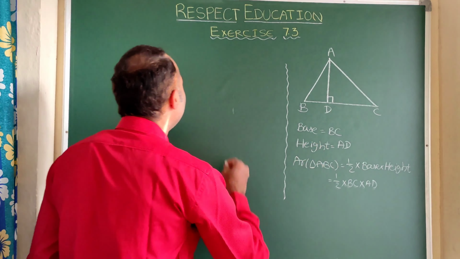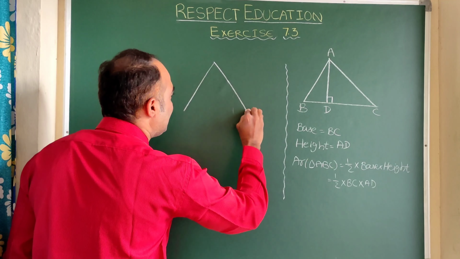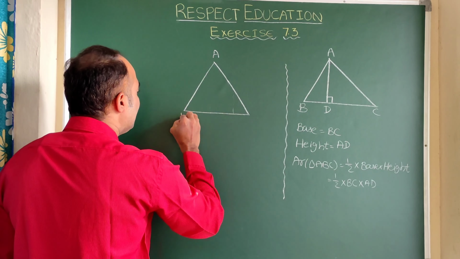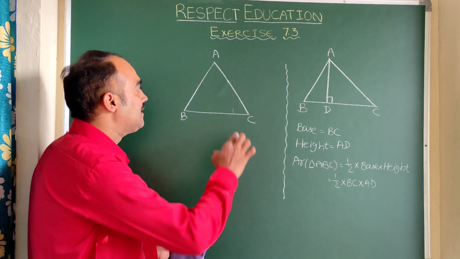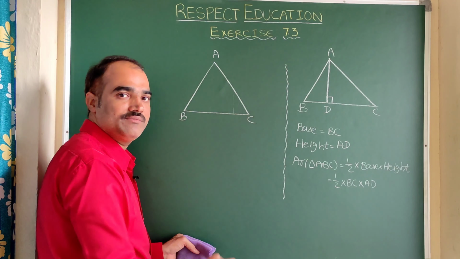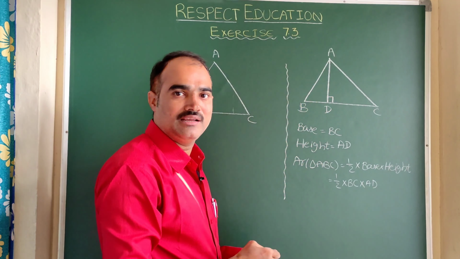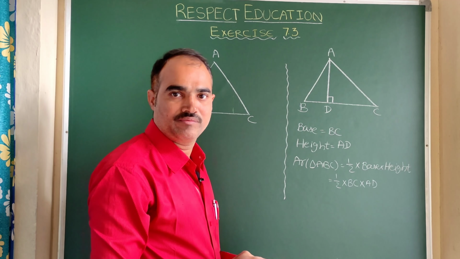For example, there are certain triangles in which only measurements of sides are given. That means what is not given? Height is not given. In that case, how to find the area of the triangle?